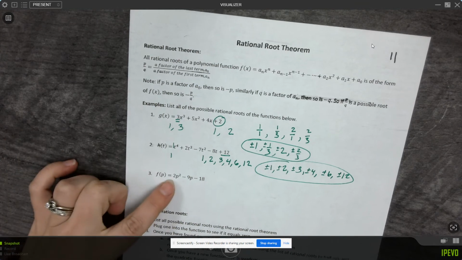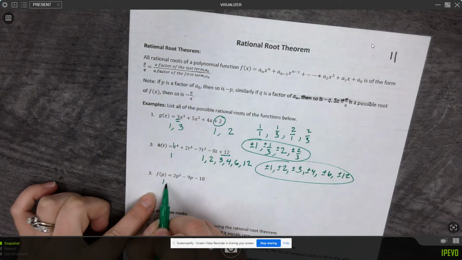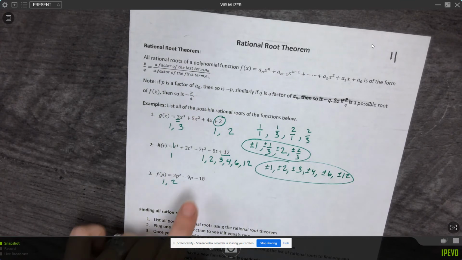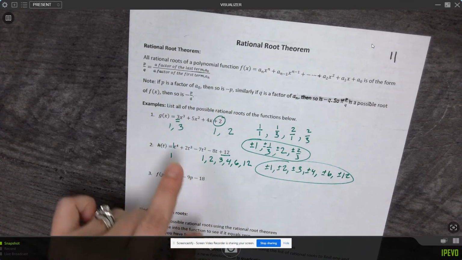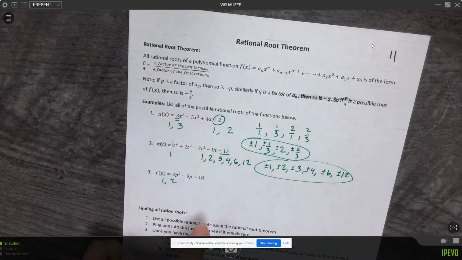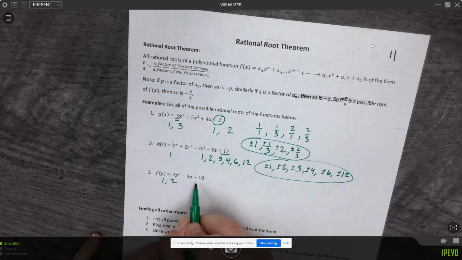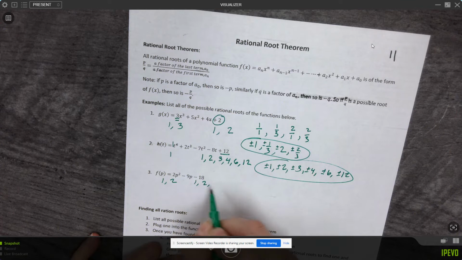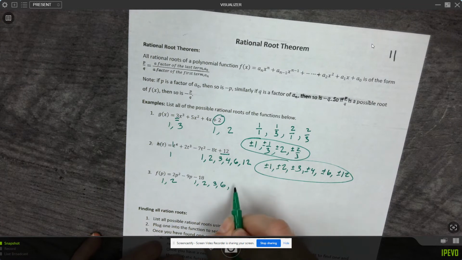And the last one. So factors of 2 are 1 and 2. I don't care about this negative sign because if positive p is a factor, then so is negative p. So the negative 18 does not change the factors, so I'm going to ignore that for a moment. The factors of 18 are 1, 2, 3, 6, 9, and 18.